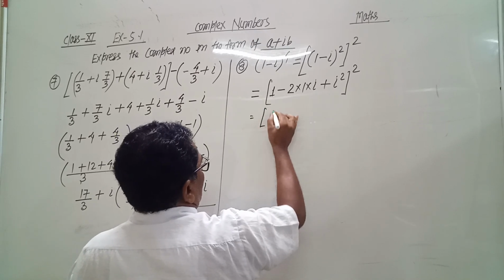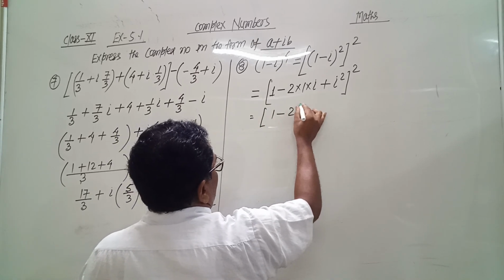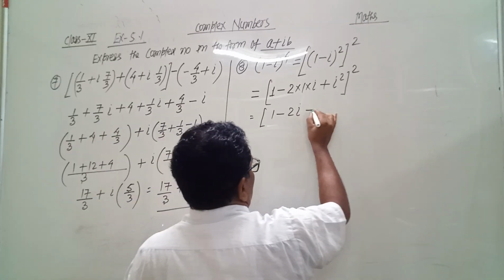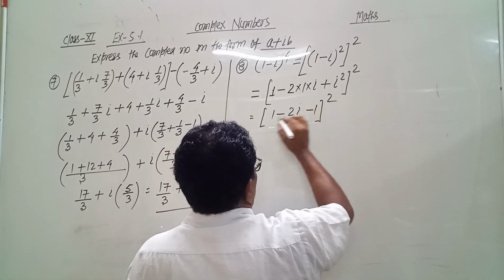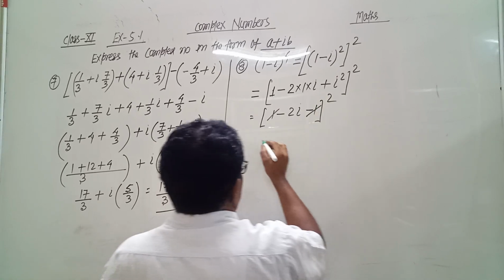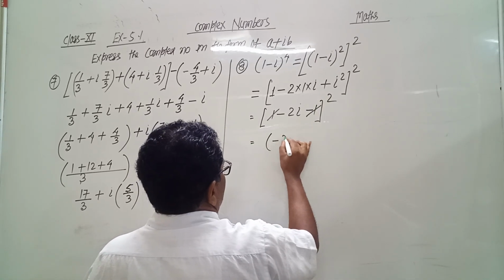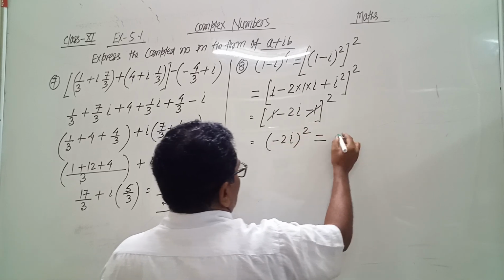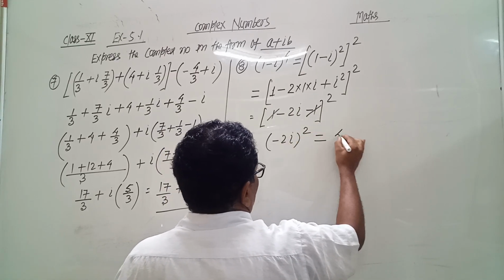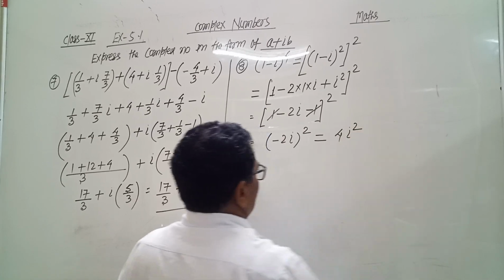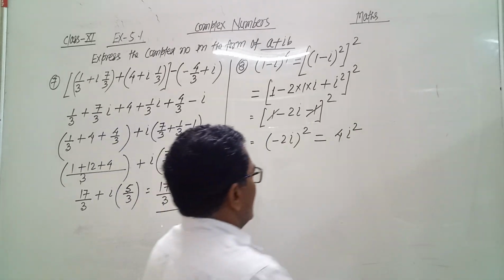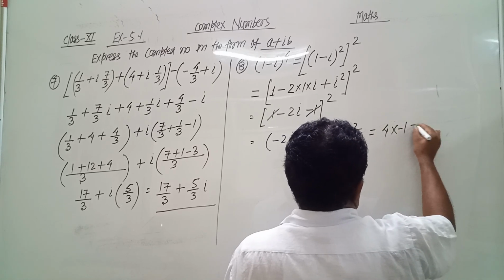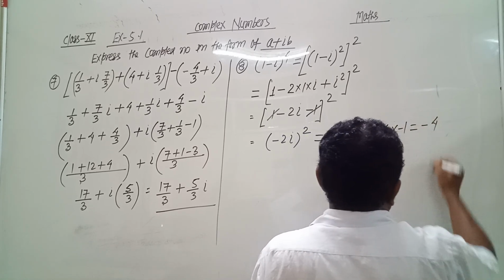So we get 1 minus 2i, and i squared is written as minus 1, so plus 1. 1 minus 1 cancel, and we get (minus 2i) whole squared, that is 4i squared, and i squared is minus 1. So 4 into minus 1 we get minus 4.